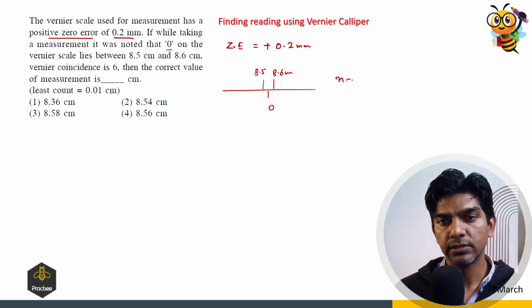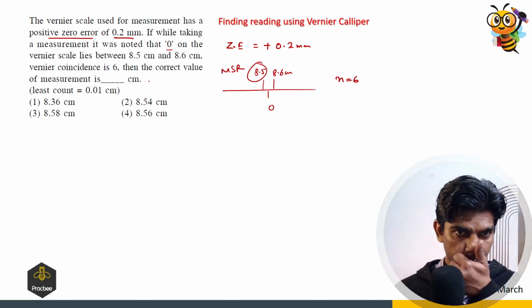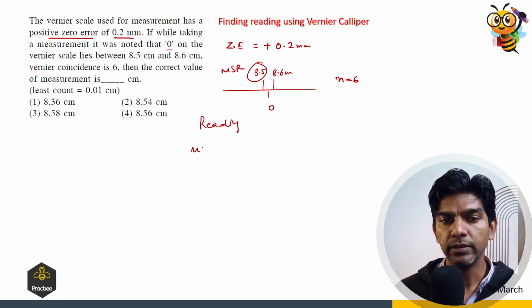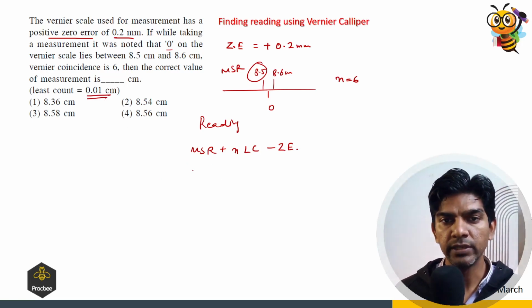So n is 6 and this will be the main scale reading, right? Then the correct value of the measurement. So the reading will be main scale reading plus n times the least count minus 0 error. So here least count is given as 0.01 centimeter. So main scale reading is 8.5 centimeter.